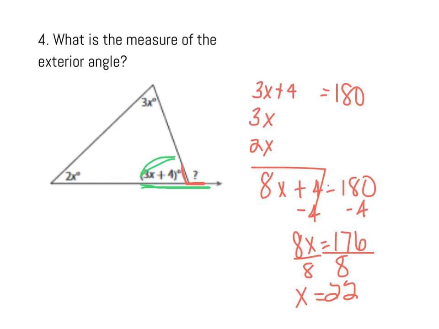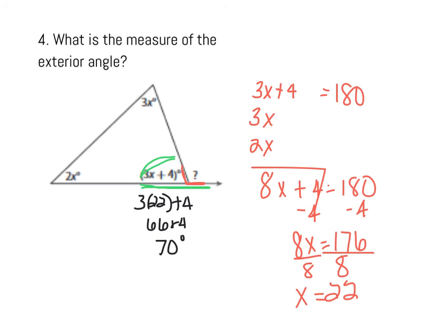So let's go ahead and put, instead of 3x plus 4, I can now replace x with 22, which is what I just found. So 3 times 22 plus 4. So I get 66 plus 4. So the inside angle is 70 degrees.